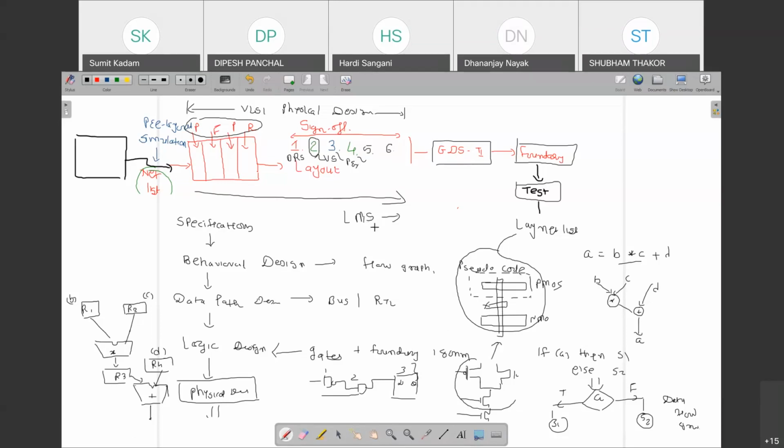Yes, sir. So at present we are on chapter number 1, which is the basic introduction, how the steps are available. This is the first point in chapter 1, introduction of physical design, where we discuss all the steps at a very abstract level, in very brief, with some numbers and examples.